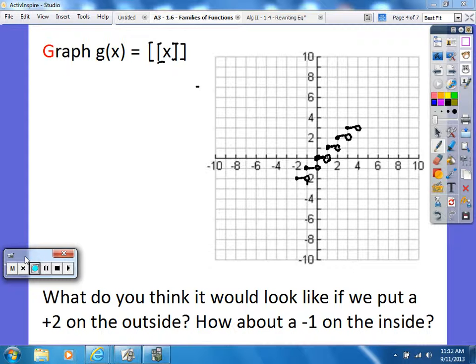Which way? Not to the right. Correct. If there's a +2 on the inside, it does the opposite, and it moves it to the left 2. So I'd take this point and move it 1, 2 over, and the open circle would go there, and then I could just continue up my steps from there.